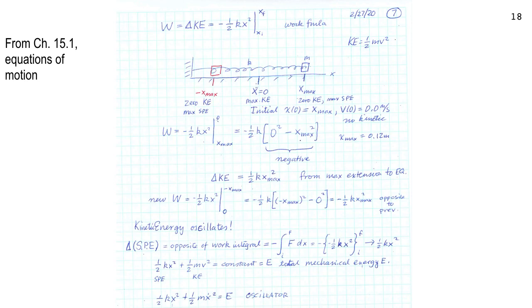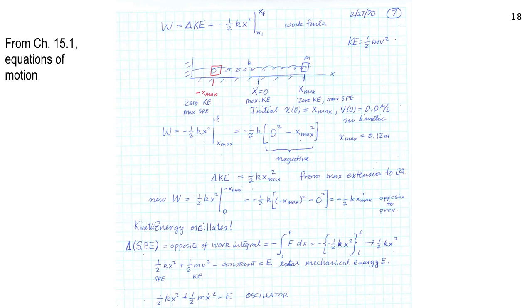What that means is that the change of the kinetic energy is opposite of the change of the spring potential energy. And so in general, 1/2 k x squared plus 1/2 m v squared is equal to a constant.